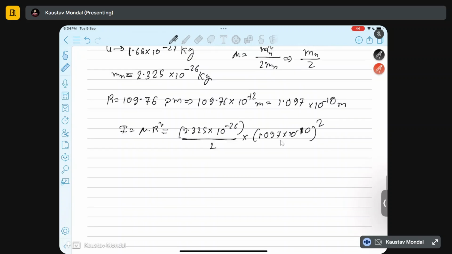So you will get I equal to 1.40. Sorry, this is 10 to the minus 46. So I would be 1.40 into 10 to the power minus 46 kg meter square. Okay. This is the value of the moment of inertia.